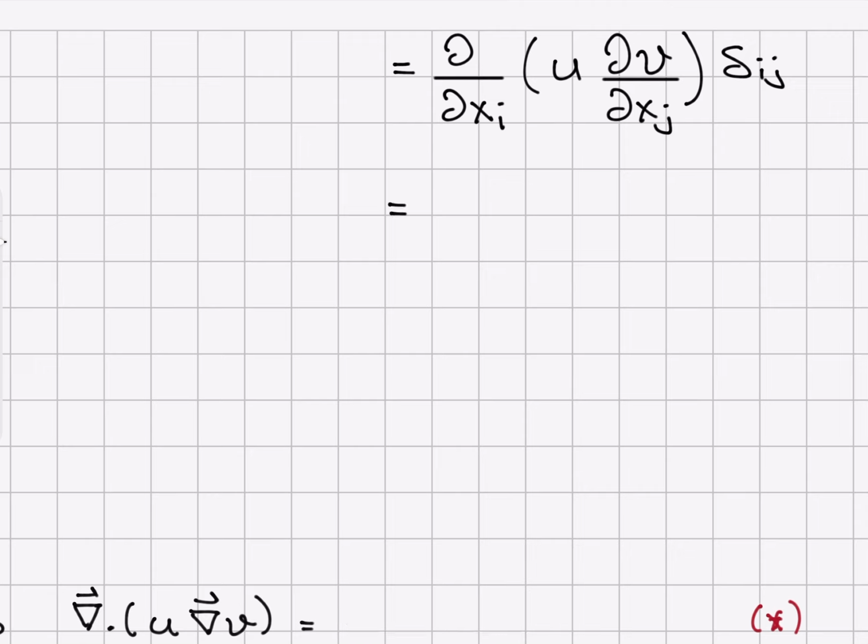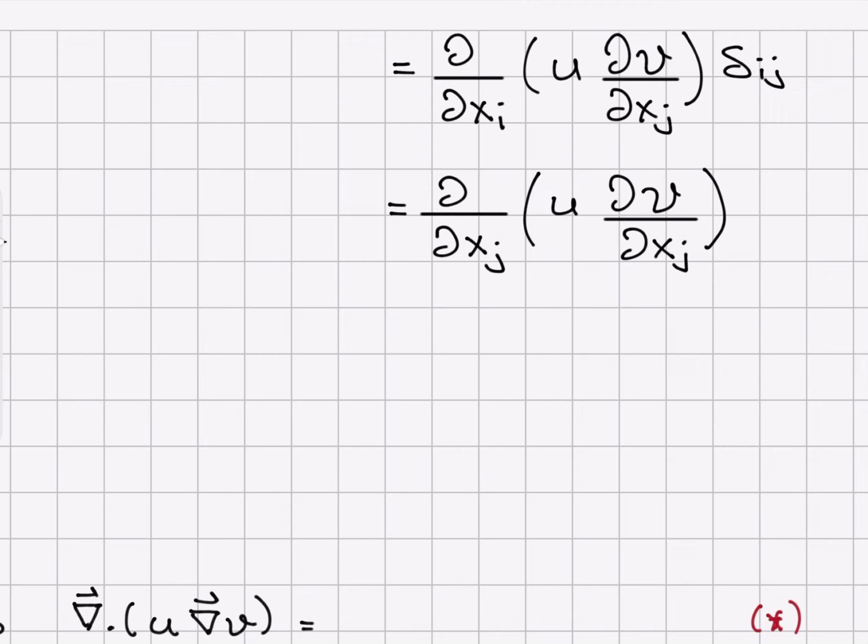And this is equal to, now I'm going to substitute j for i, ∂/∂xj derivative applied to u ∂v/∂xj, the partial derivative with respect to xj.